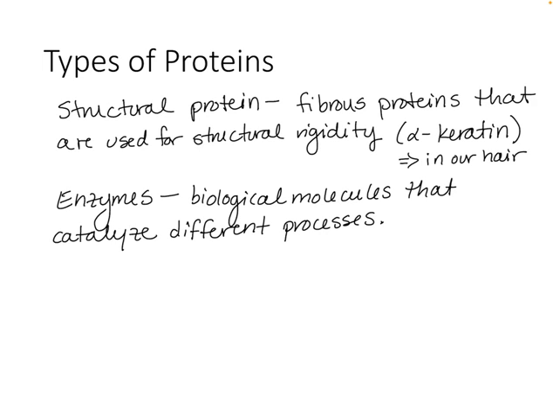So for example, I always like to use alcohol dehydrogenase as my example. So if you don't have a lot of alcohol dehydrogenase, which is an enzyme, then you'll have trouble breaking down alcohol in your system. And that can cause you to feel kind of sick, or it can make you turn red.